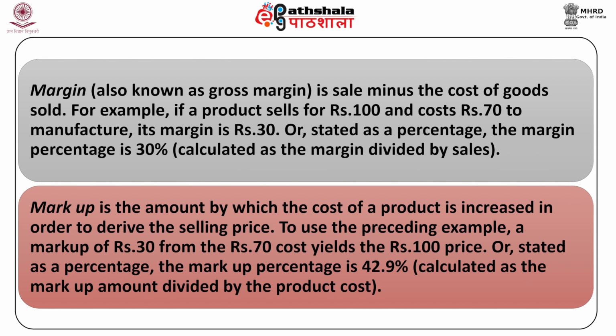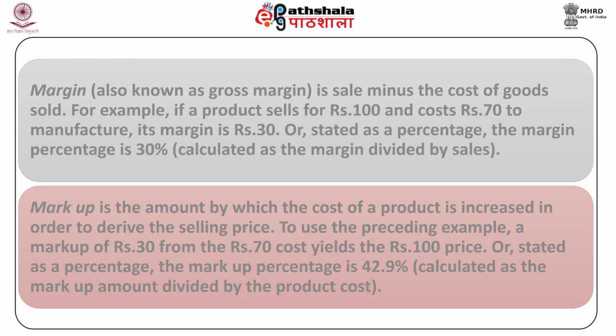Whereas markup is the amount by which the cost of a product is increased in order to derive the selling price. To use the preceding example, a markup of rupees 30 from the rupees 70 cost yields the rupees 100 price, or stated as a percentage, the markup percentage is 42.9%, which is calculated as the markup amount divided by the product cost.